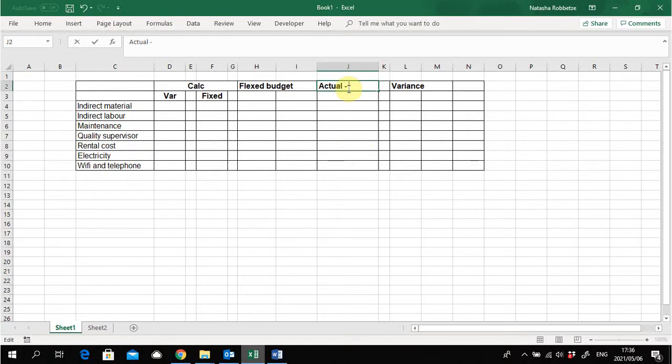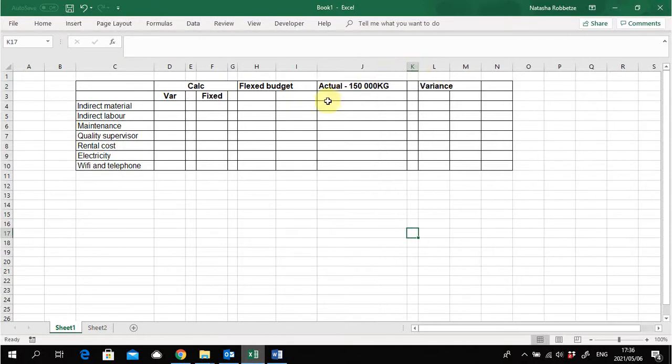So the actual budget was based on 150,000 kilograms. And I am just going to fill in the actual values because I cannot do any calculation around it. So it was 300,000 and then it was 150,000. So I'm literally just typing it from the original question.